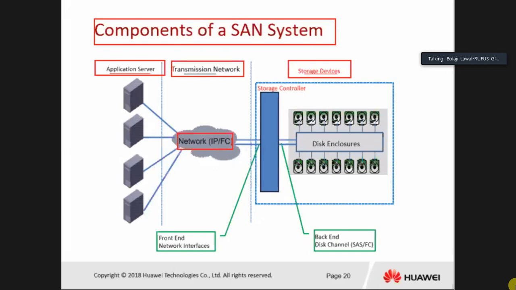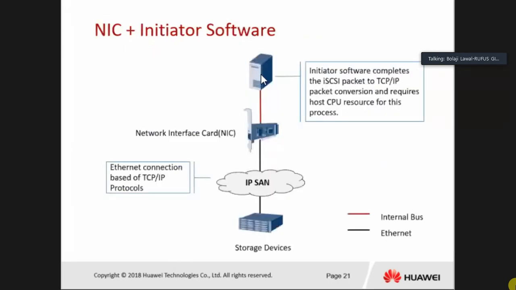So let's move on. I've shown you the components. Yesterday, remember we discussed NIC plus initiator software. I told us the difference between this and COE, that's TCP/IP offload engine. So this card relies fully on the host CPU resource to process.